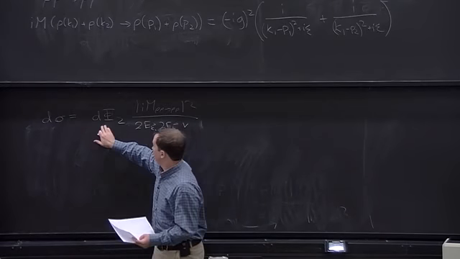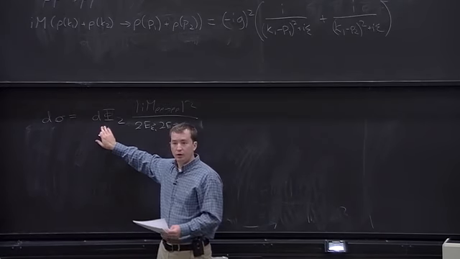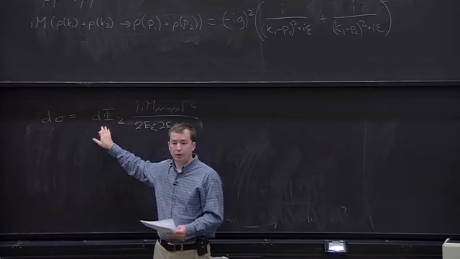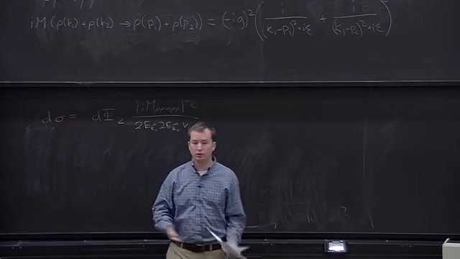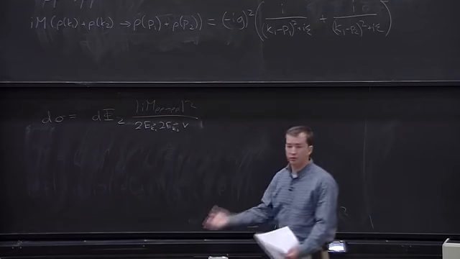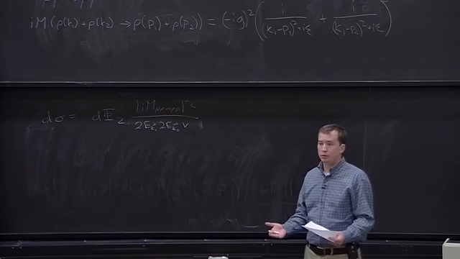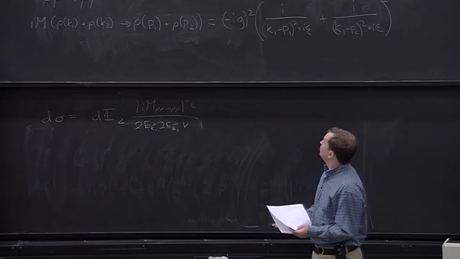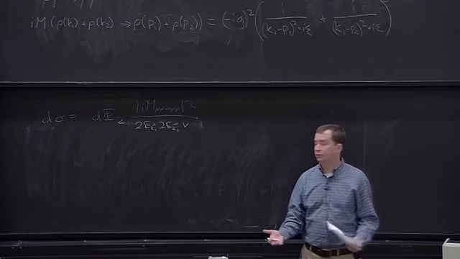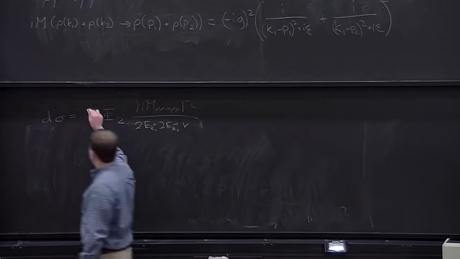So if we integrate over all possible final momenta, we'd be double counting. There's no way we could distinguish if the first final state nucleon had momentum P1 versus P2. So we need to divide by a symmetry factor here.